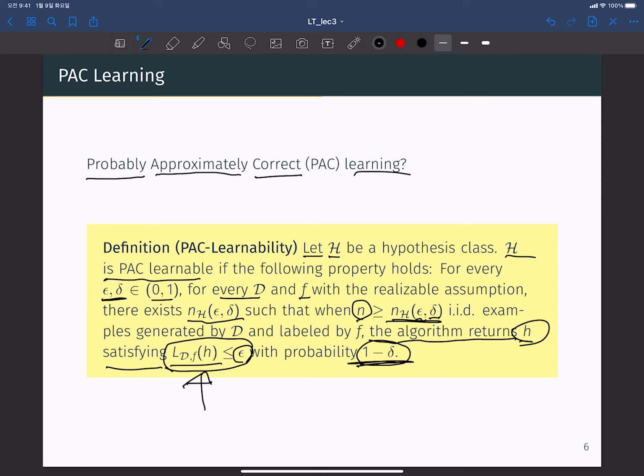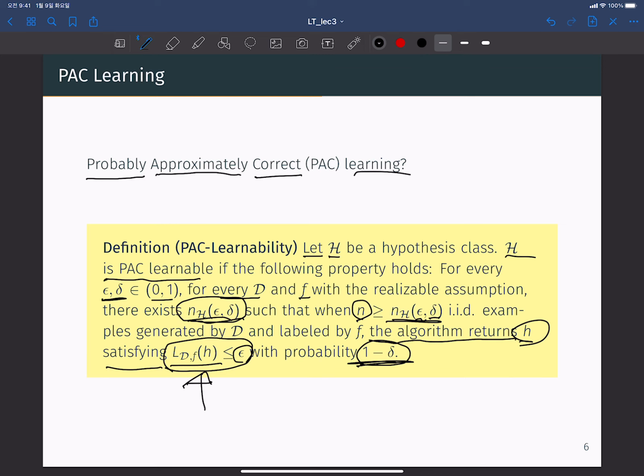So when you set delta very close to 0 and epsilon also very close to 0, we can guarantee a good performance with high probability, right? But of course, as you decrease epsilon and delta, the sampling lower bound for H, epsilon, delta may increase.